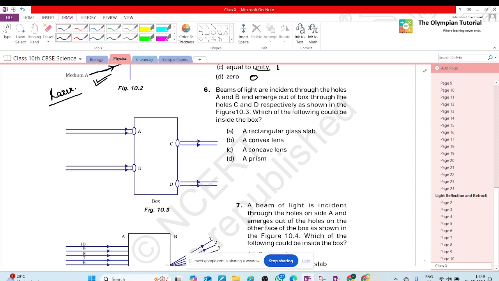Sixth question, Ayukta. Beams of light are incident through the holes A and B and emerge out of the box through the holes C and D, respectively, as shown in the figure 10.3. Which of the following could be inside the box? Rectangular glass slab, convex lens, concave lens and prism. What could be inside?